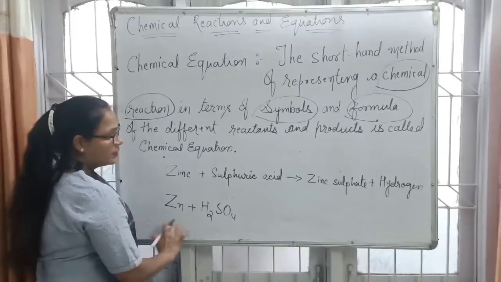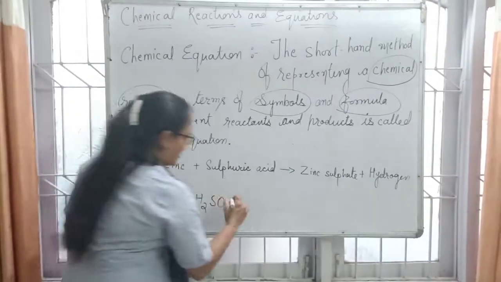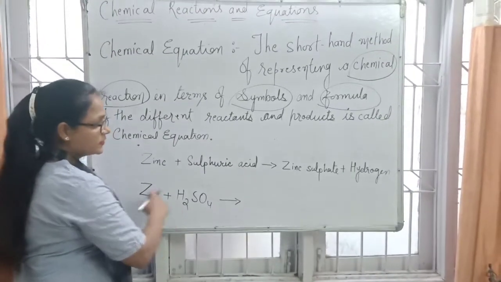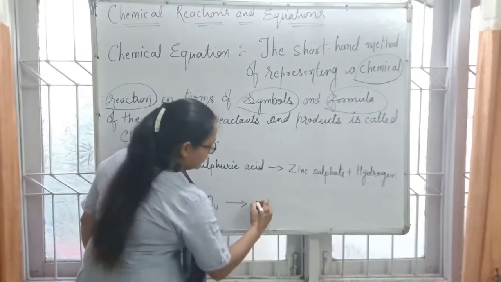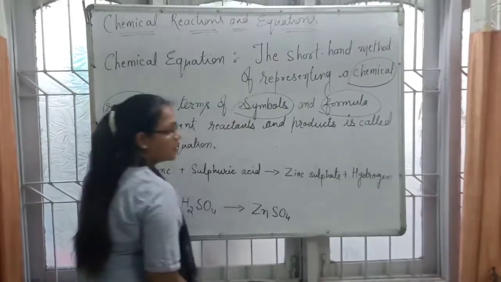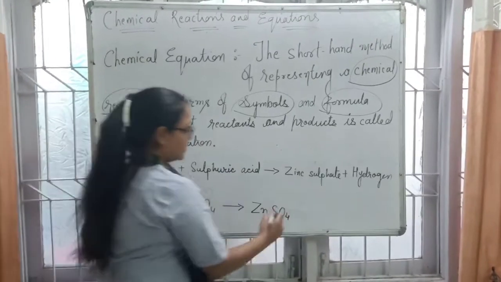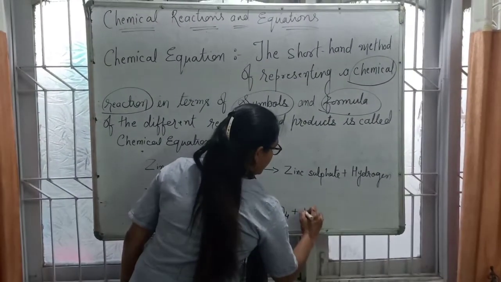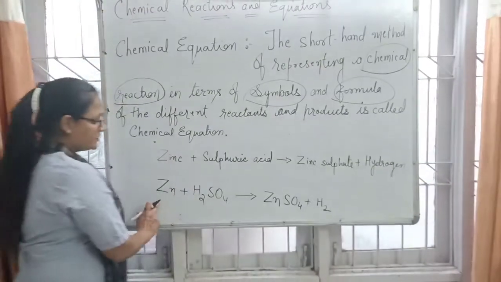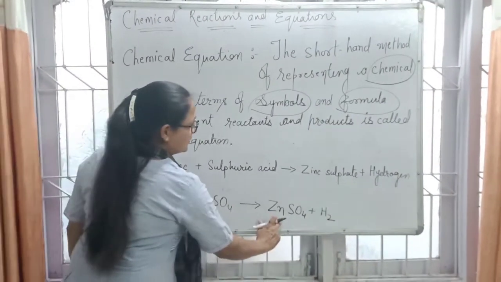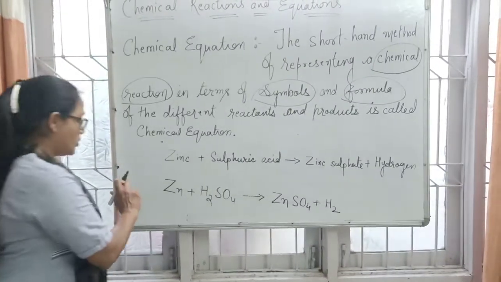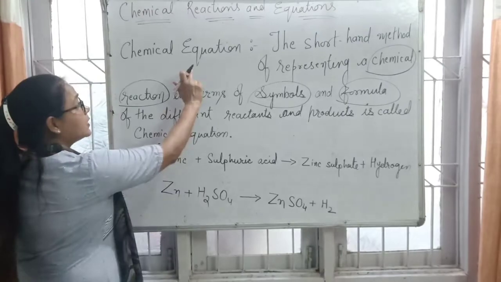These two are reactants, and when they react, they form zinc sulfate, ZnSO4, and hydrogen gas, H2. So Zn plus H2SO4 gives ZnSO4 plus H2 as the chemical equation.